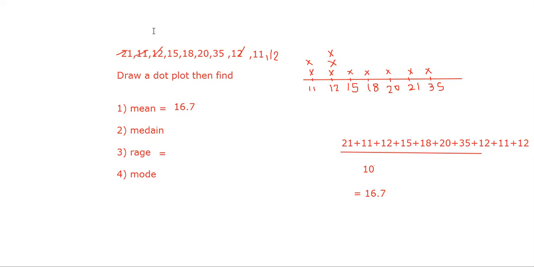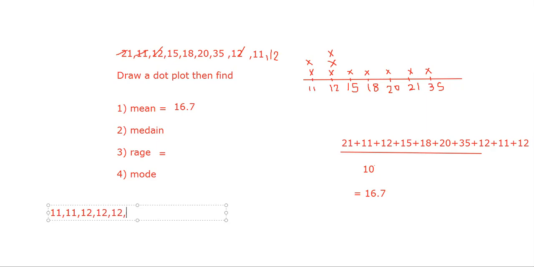How will we calculate the median, Ibrahim? First step, what are we going to do? We're going to arrange the numbers from the smaller to bigger. Very good. Yes, 11, 11, and then we have 12, 12, and then one more 12, right?